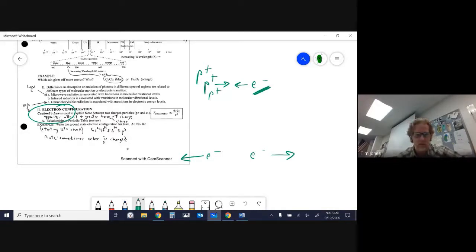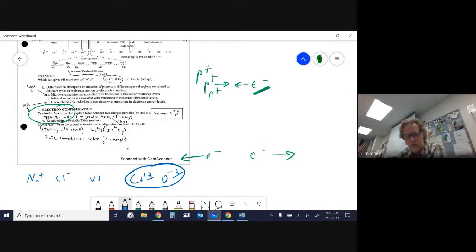Let me give you an example with some ions. Let's say we took sodium and chlorine ions versus calcium and oxygen. Sodium and chlorine are attracted, calcium and oxygen are attracted, but the calcium-oxygen pair has a stronger attraction because it has greater charge, the +2 and the -2. And the way you might see this is I might ask you, hey, sodium and chlorine ions are attracted to each other, calcium and oxygen are attracted to each other, and the calcium-oxygen combo is a stronger attraction.